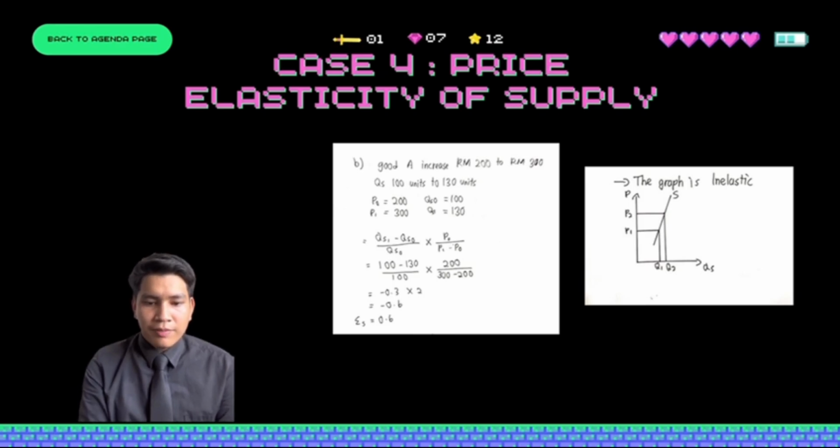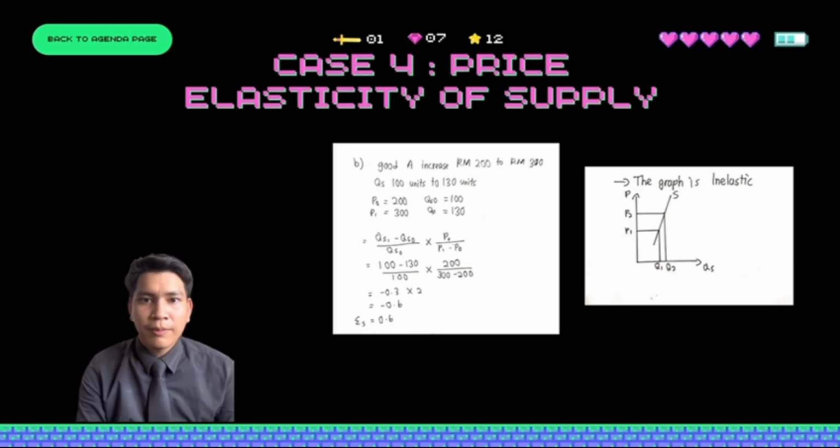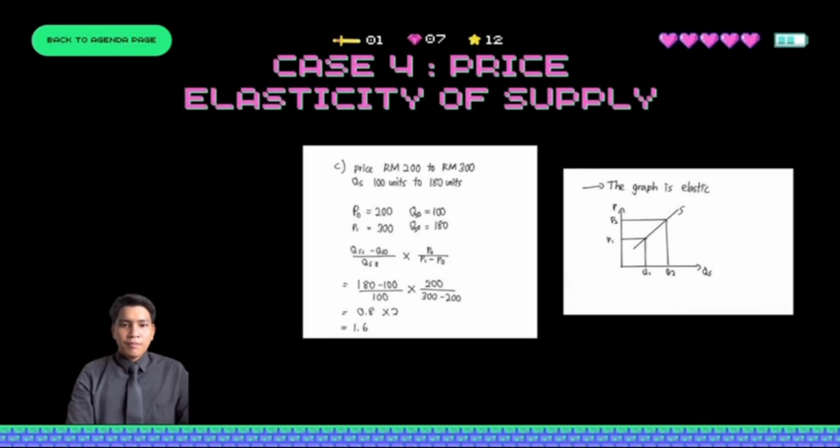So the percentage change in price from P1 to P2 is larger than the percentage change in quantity supplied from Q1 to Q2. The graph 4B is inelastic, as shown in the slide. For C, the calculation is shown in the slide.